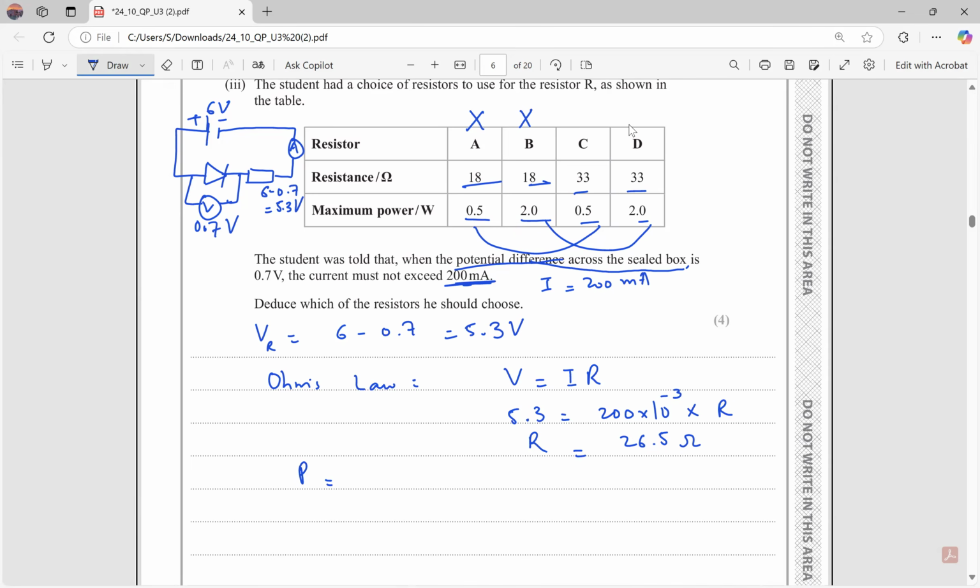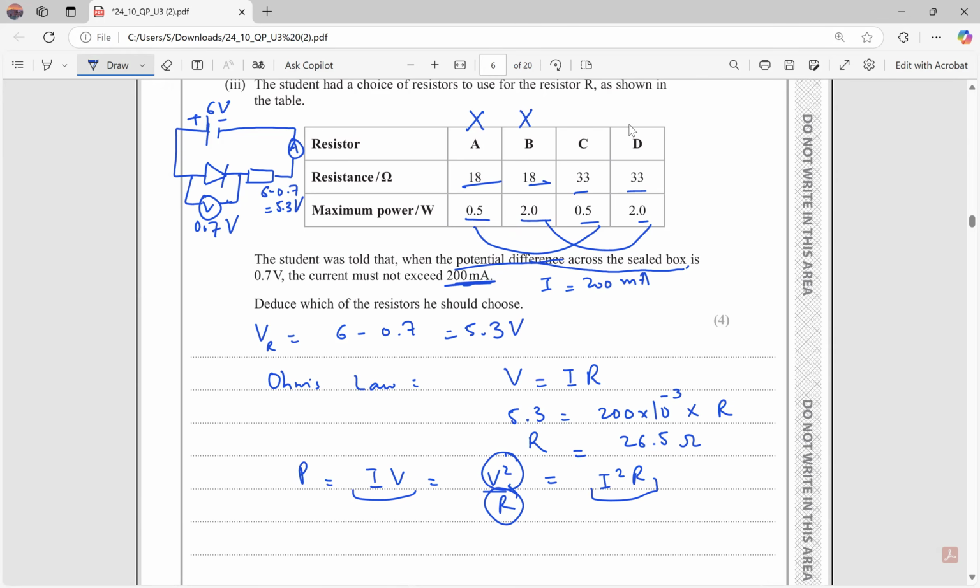Power has 3 formulas: there is current times voltage, there is voltage squared over resistance, there is current squared times resistance. We have the voltage across the resistor. We have its resistance too, 26.5. We can use this formula, we could also use this one, that's fine, we could also use this one.